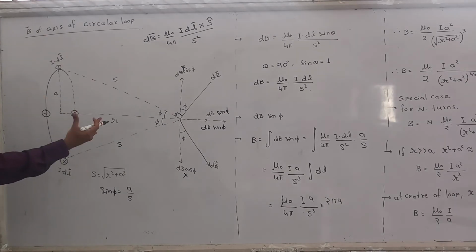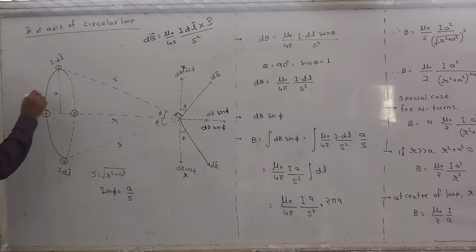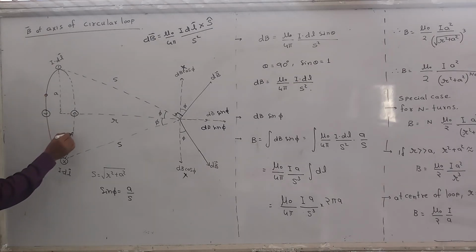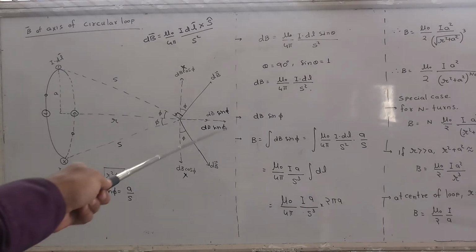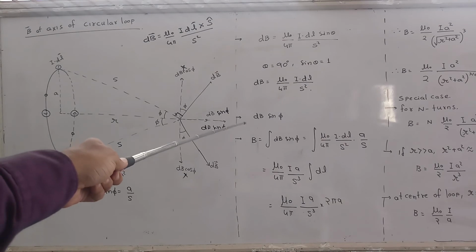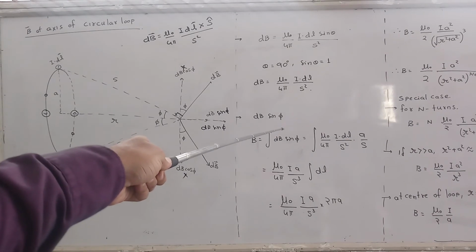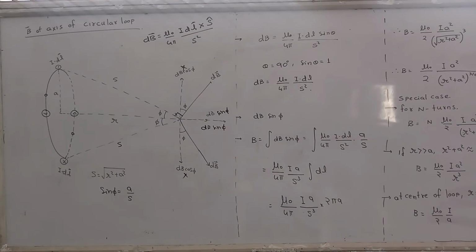Cos phi cancels out, sin phi exists. The same happens with these two points also. They are also diametrically opposite points. So out of dB, it is only the dB sin phi which exists. The remaining cancels out. Okay, it's the second step.